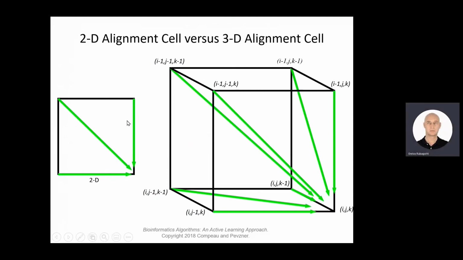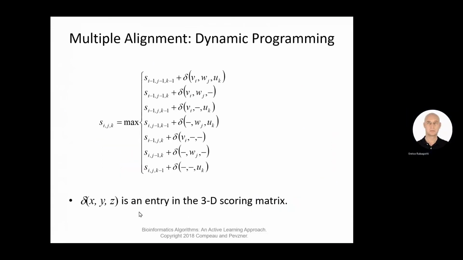While a 2D alignment is represented as a square, a 3D alignment is represented as a cube. And while a 2D alignment has only 3 possibilities, in fact, if you consider the match and the mismatch, 2 different possibilities, a 3D alignment has much more possibilities.